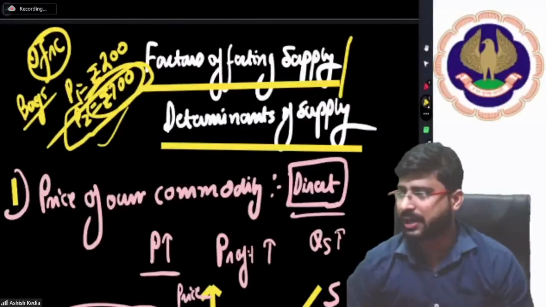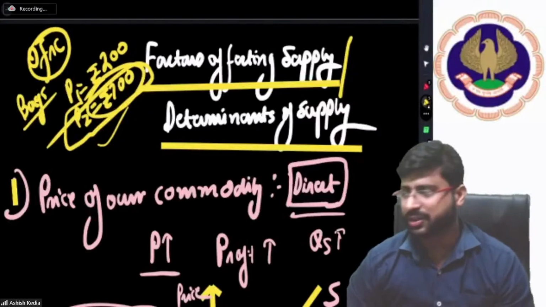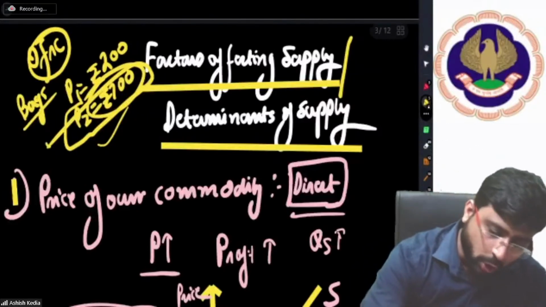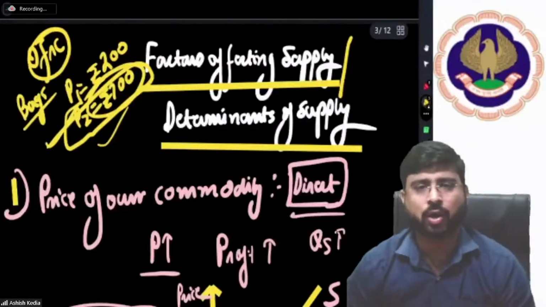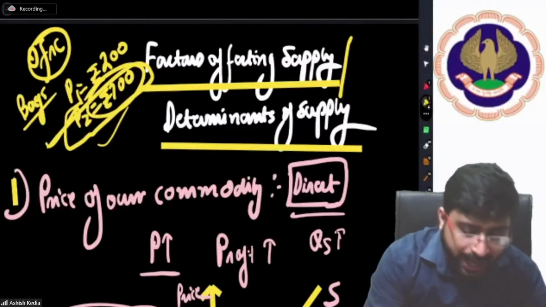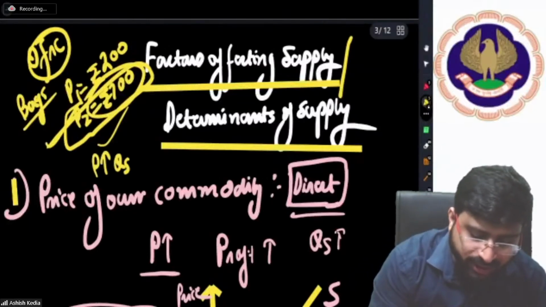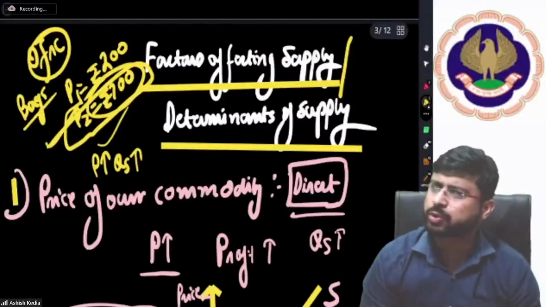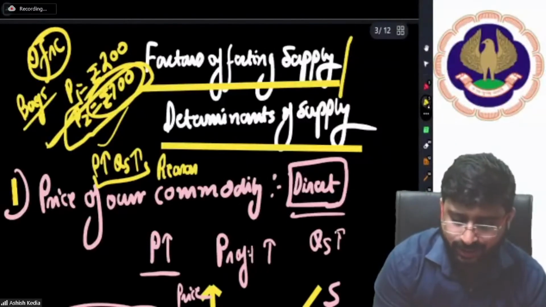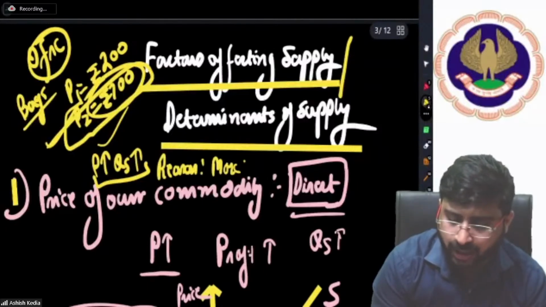When you talk about supply, you always talk from the producer's point of view, and the higher the price, the higher the quantity supplied. Why? More profits, because the more the price, the more the profit.